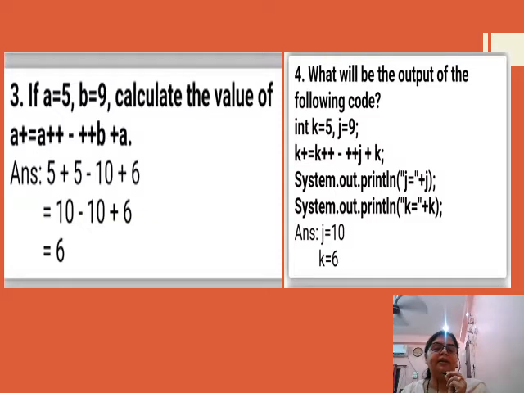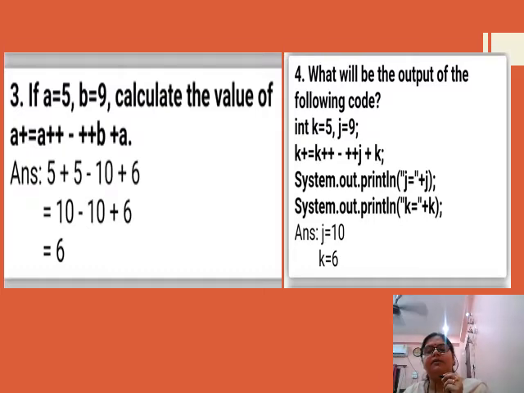When the operators are of the same precedence, meaning plus and minus are of the same precedence, then we solve it from left to right. Again pay attention: if the operators are of the same precedence, then we do it left to right. Now see what the answer is going to be for this code. See, k++ - ++j + k.